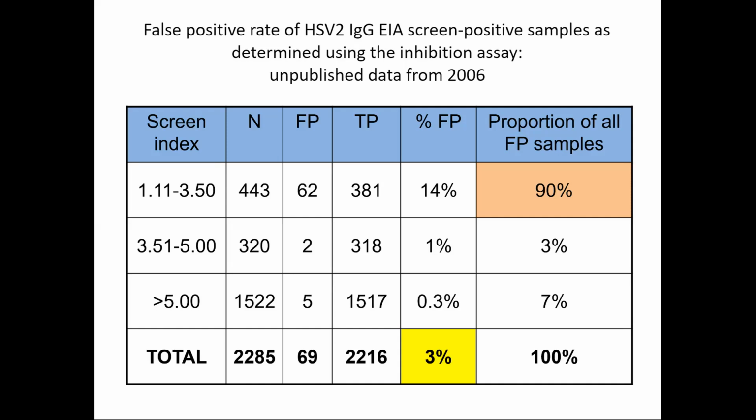And as was seen by the Western blot investigators, 90% of samples that were false positive fell within the subgroup of samples that had EIA screen indexes between 1.1 and 3.5. So remember these numbers for future slides. 3% false positive and 90% of the false positive having low index values.